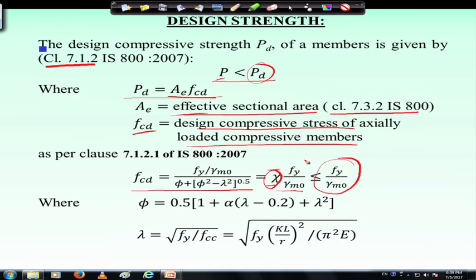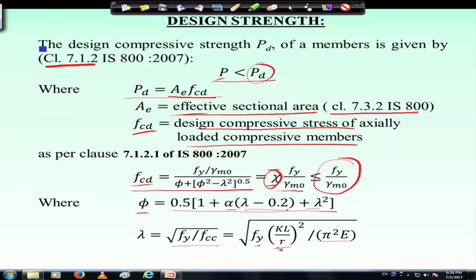Okay. So, F c d value we can find out, where phi can be calculated from this formula. Phi is equal to 0.5 into 1 plus alpha into lambda minus 0.2 plus lambda square. What is lambda? Lambda is root over F y by F c c, where F c c means pi square E by lambda square.